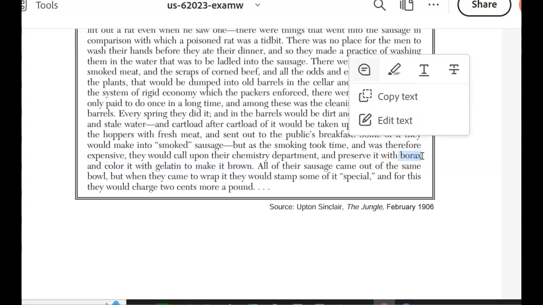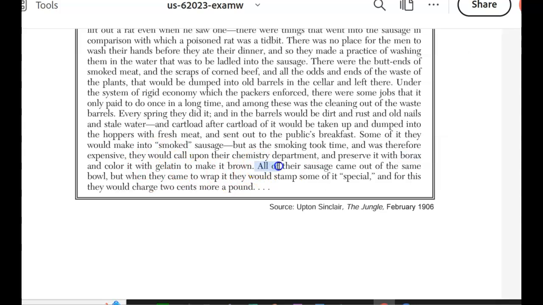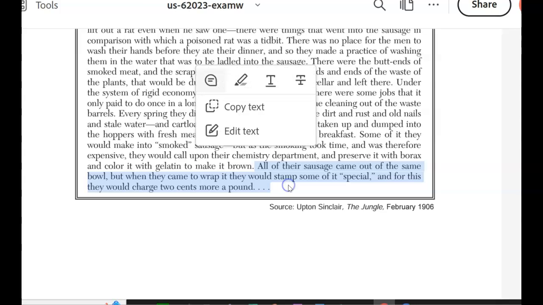Borax is a chemical that is used as detergent. You use it as cleaner. You also use it as like ant and roach killer. All the sausage, their sausage came out of the same bowl, but when they came to wrap it, they would stamp some of it special, and for this they would charge 2 cents more a pound.